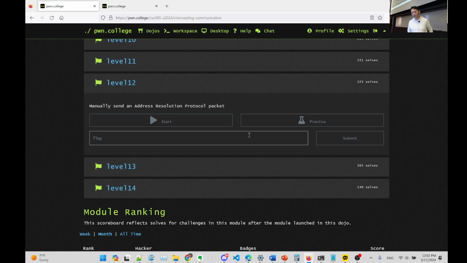So in level 12, we can craft the ARP packet you want and send it to the target, and we can get the MAC address of the remote host. Why do we need to know the MAC address of the remote host? Yes, to communicate. But in this level, we are trying to forge the ARP, the MAC address.